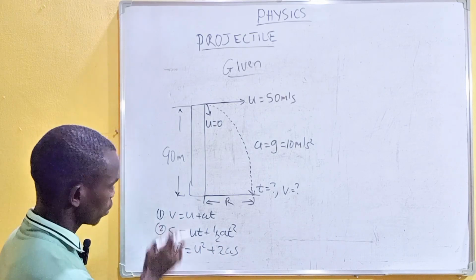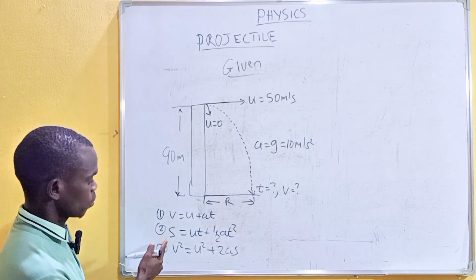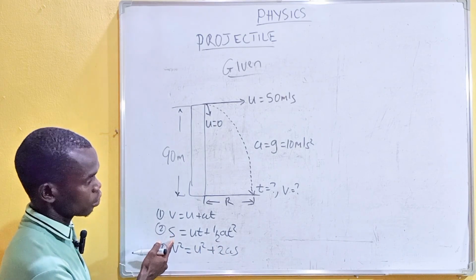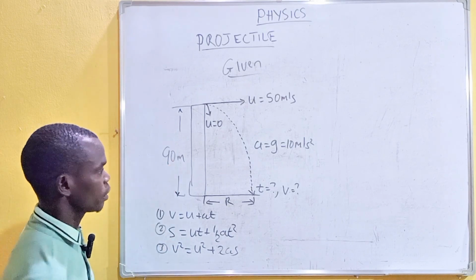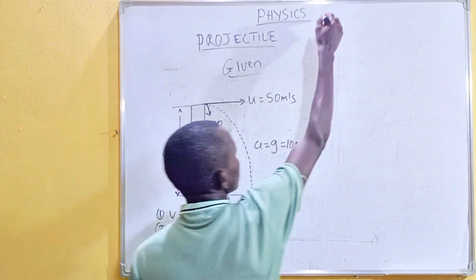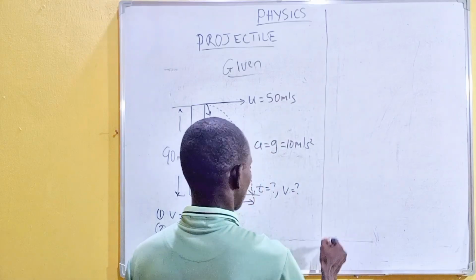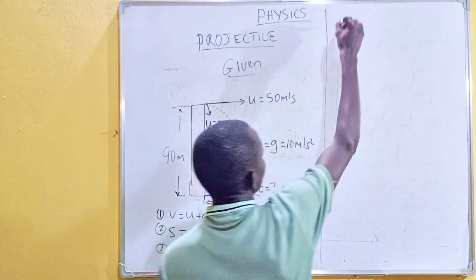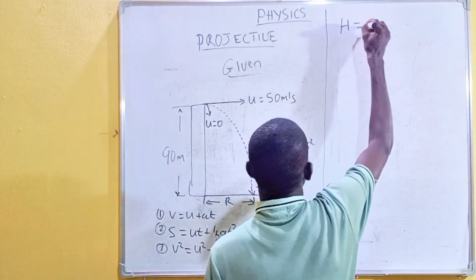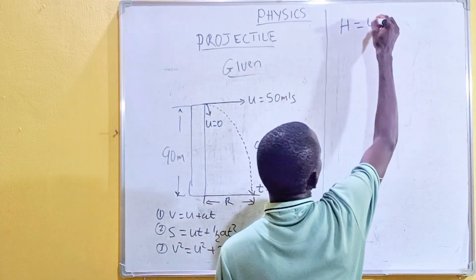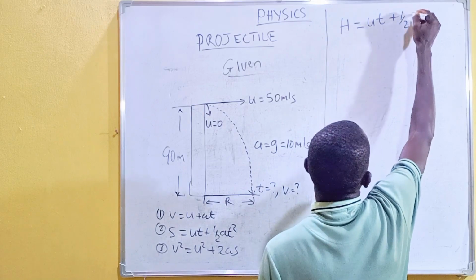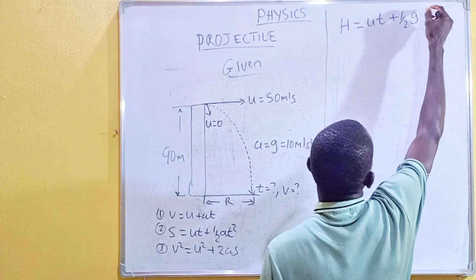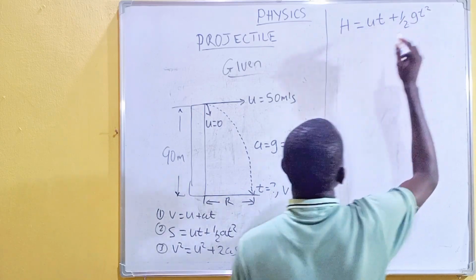If you look at these three equations of motion, we can make use of equation 2, since we are given the height. So it will now be s, which is the height, equals ut plus 1 over 2 g t squared, where acceleration is now g.